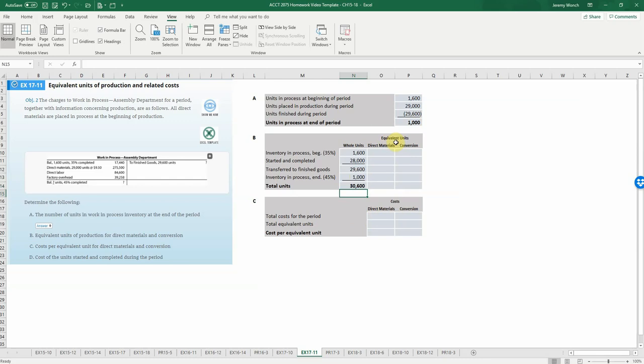So now we can do equivalent units, starting with direct materials. All the direct materials are added in at the beginning of the process. So we had 0 direct materials in work in process at the beginning. We started and completed 28,000 because they're all added at the beginning.